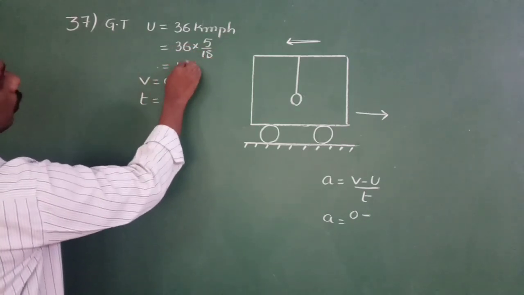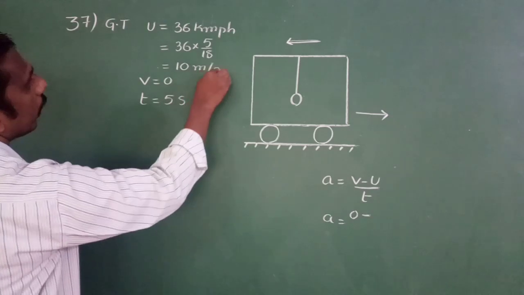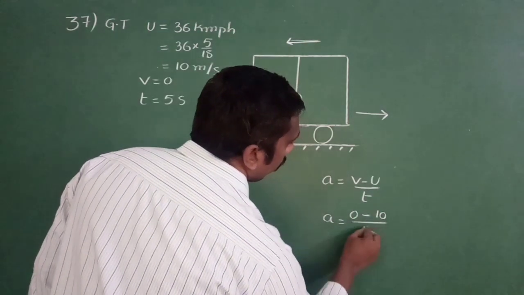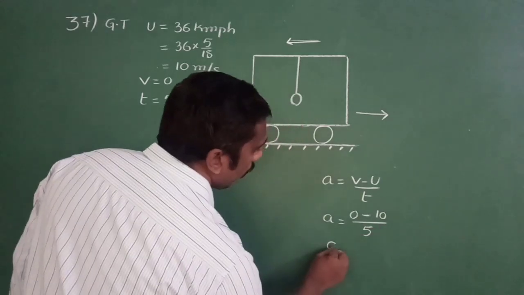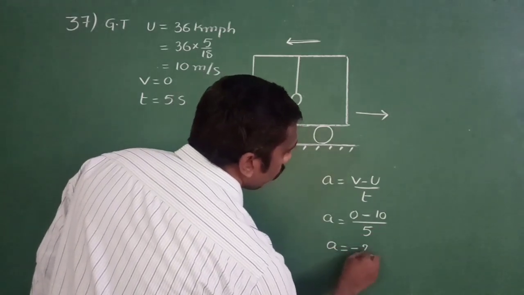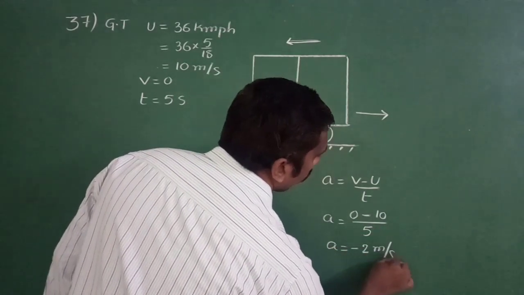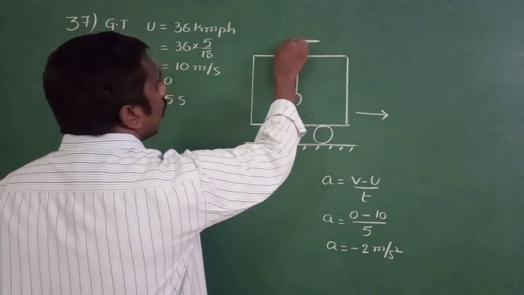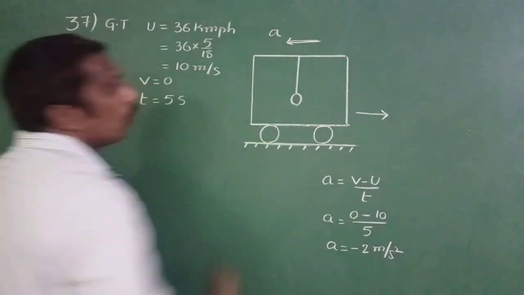That is equal to 10 meters per second. That means 10 divided by 5, and we get a is equal to minus 2 meters per second squared. Minus 2 meters per second squared means its acceleration is in this direction.